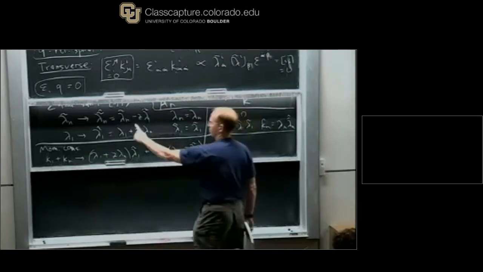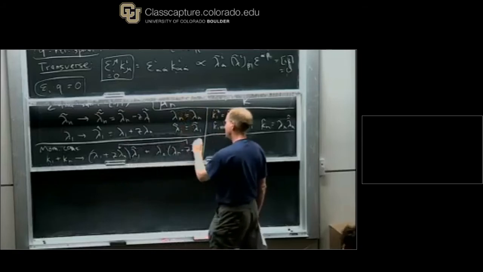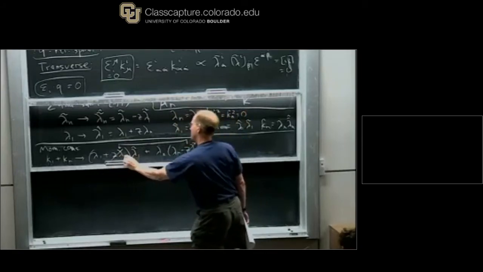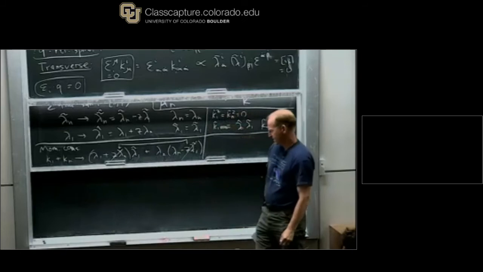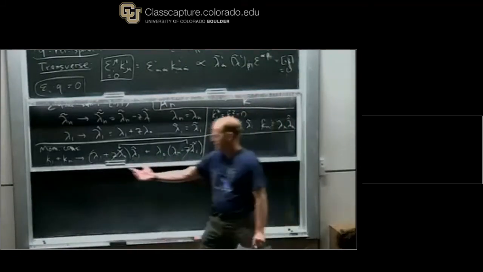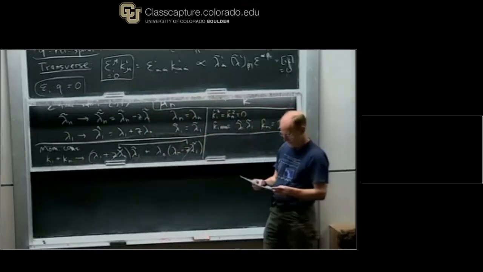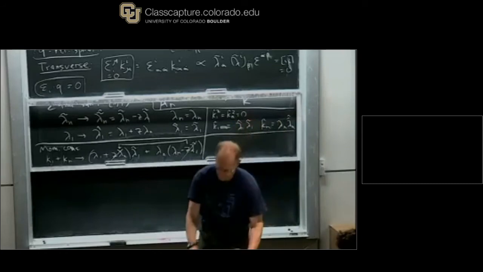The plus z and the minus z are designed to ensure that these two terms cancel, because they both have plus or minus z lambda n lambda 1 tilde, and the original terms are just what we had before. That's why the shift has this form, to maintain momentum conservation.